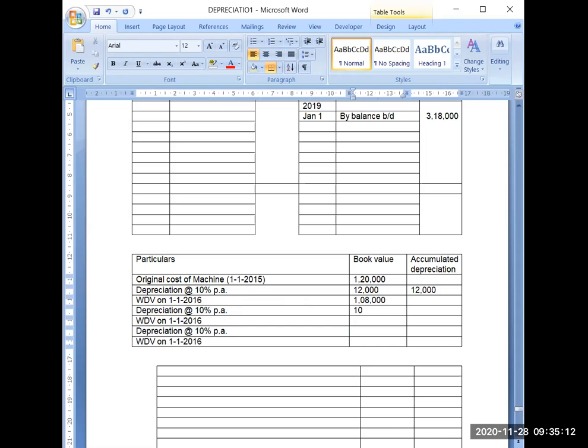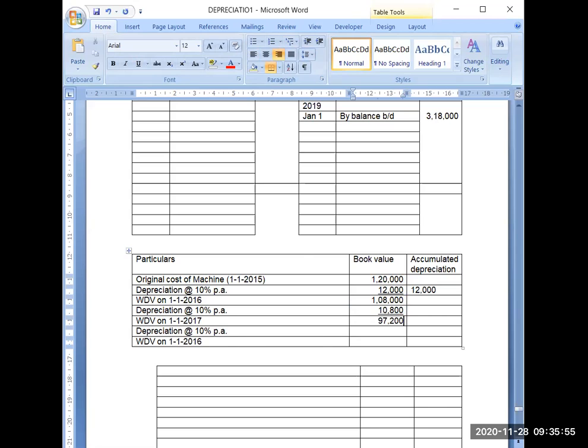So its depreciation will now be 10,800, and its written down value on 1/1/2017 will be 1,08,000 minus 10,800, which is 97,200.